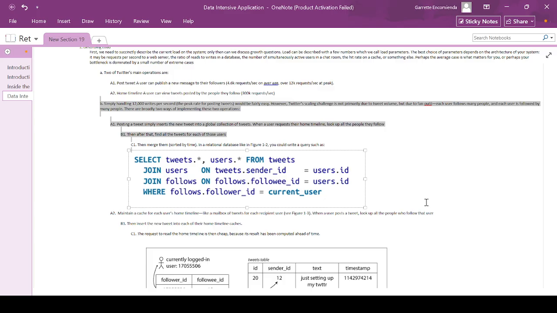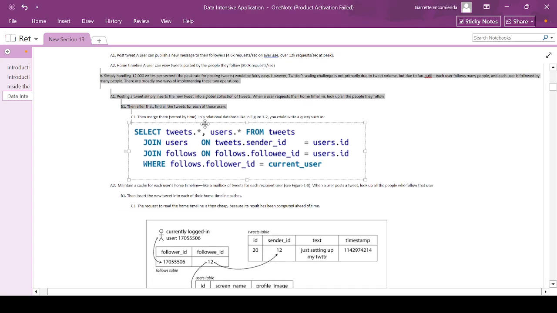When a user requests their home timeline, they look up all the people they follow, then find all the tweets for each of those users, and merge them sorted by time.